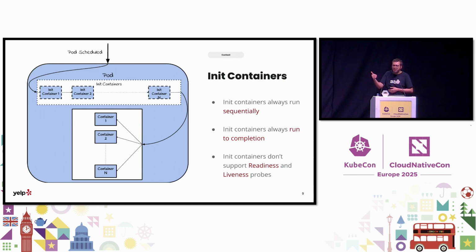Firstly, unlike main containers which run in parallel, init containers always run sequentially, one after another. And secondly, an init container must run to completion successfully before either the next init container is invoked or the regular container starts. And similar to regular containers, there is no strict limitation on the number of init containers that can be created.